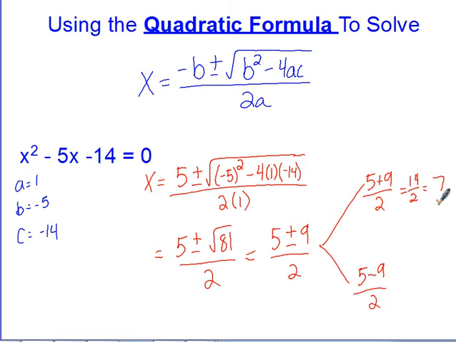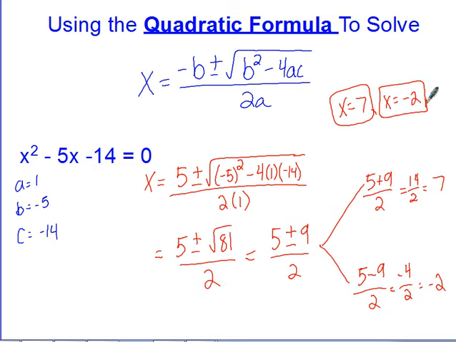Positive 7. And what's 5 minus 9? Negative 4 over 2? Negative 2, right? So I actually get two answers. x equals 7 and x equals negative 2.